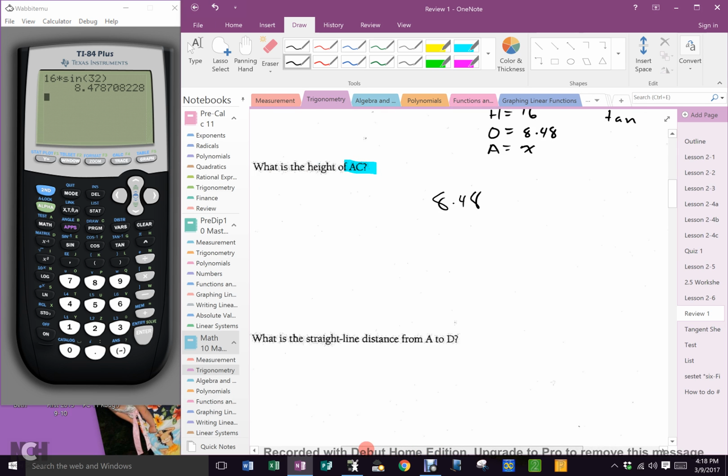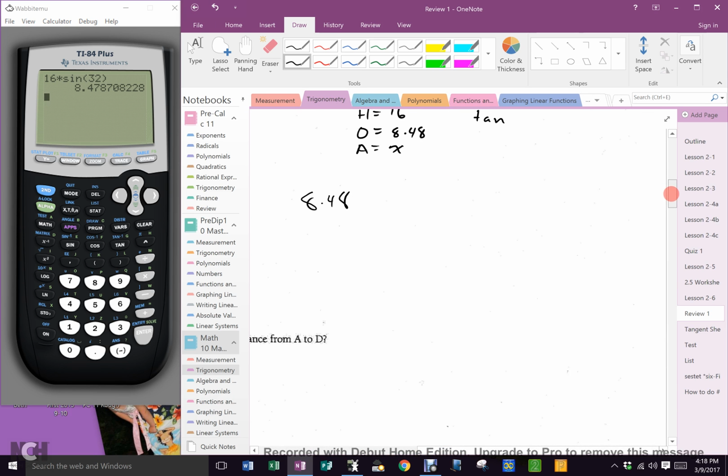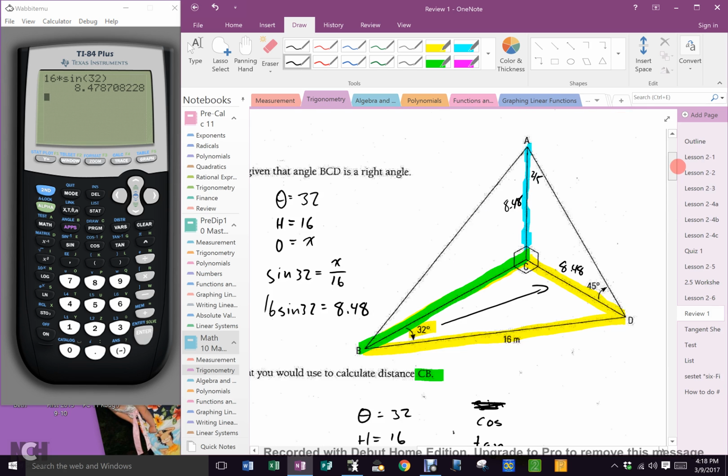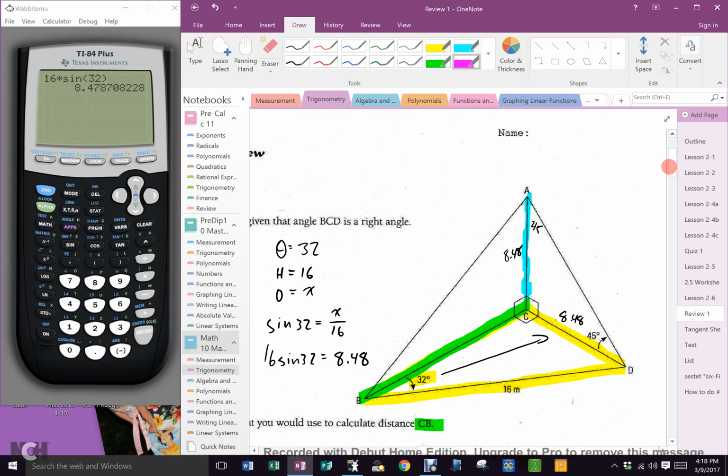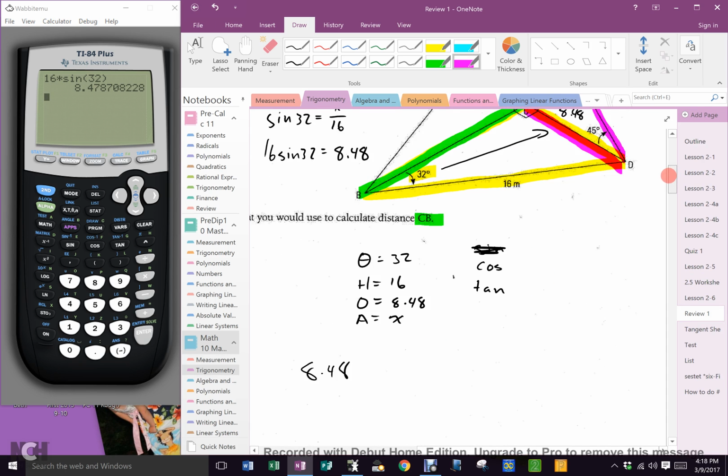And then finally, the distance from A to D, which I'm going to highlight in purple. A to D. So that is right down here. And since it makes a 90-degree triangle, I can do Pythagoras with 8.48 and 8.48.